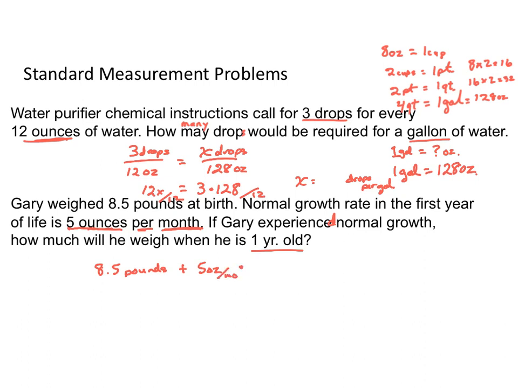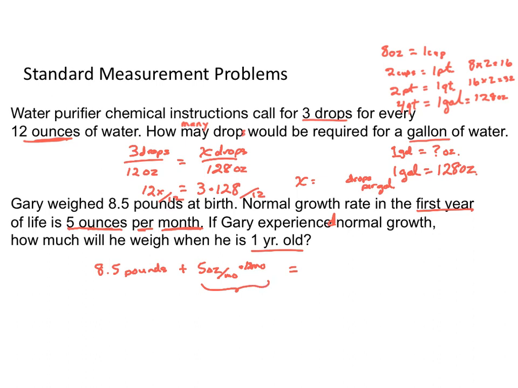That would have to be multiplied by the number of months. We know how many months that is: 12 months because it's the first year, so multiply by 12 months. The beginning weight plus how much he's going to increase should be the total weight.